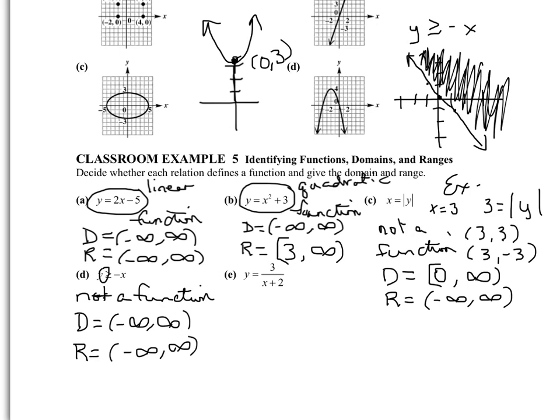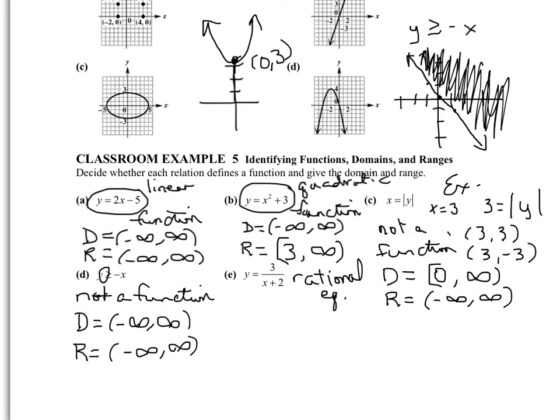One more example. What we have now is an equation y equals 3 over x plus 2. Be careful as you look at this. Would it be linear? I hope you say no, because I see a variable in the denominator. Remember, if we have a variable in the denominator, it can't be linear. This is actually called a rational equation.